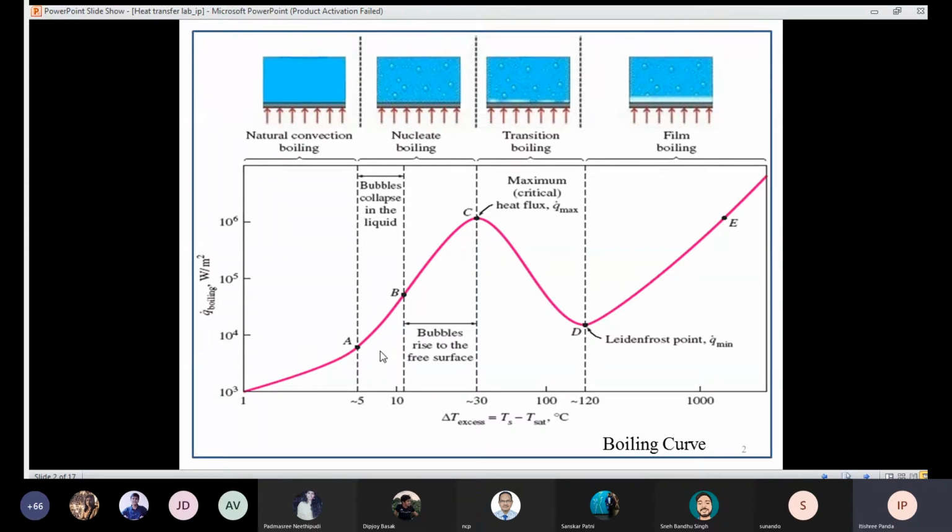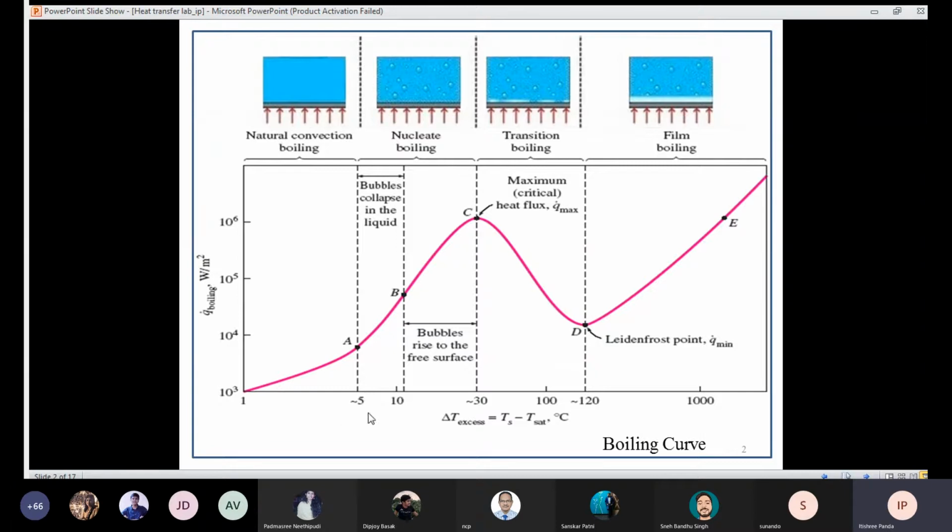The bubbles will form and rise to the surface. Let's say this is our wire and we are providing heat. Bubbles will form and try to reach the top of the liquid. If the superheat is less, the bubbles will not reach the top. They will condense before reaching it.